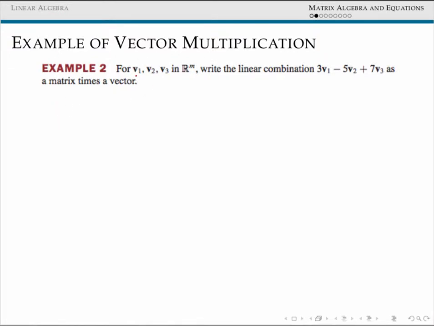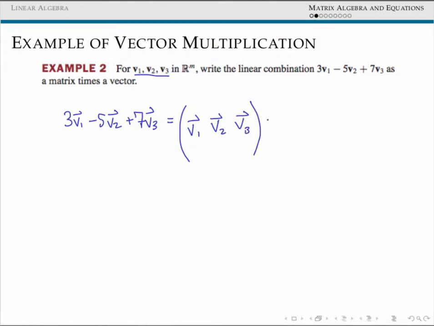So given this triplet v1, v2, v3 inside Rm, the way we can write this linear combination, 3 times v1 minus 5 times v2 plus 7 times v3, the way we can re-express this as the product of some matrix times a vector is the matrix we create is a matrix where each of our columns are one of those three vectors, and we multiply that by the vector 3, -5, 7.